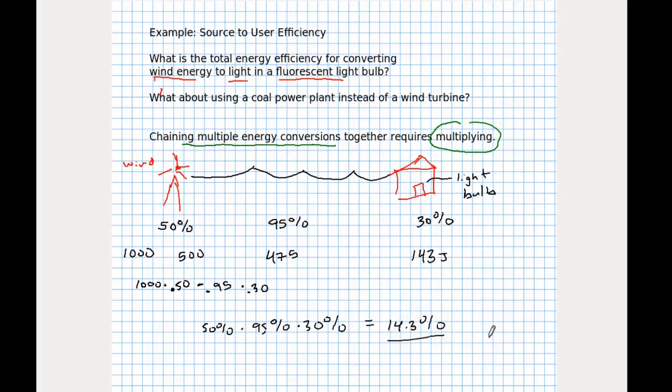So that's the combined efficiency of that whole process of converting wind energy to electrical energy sent down the power line, and then that electrical energy turned into light in the light bulb.